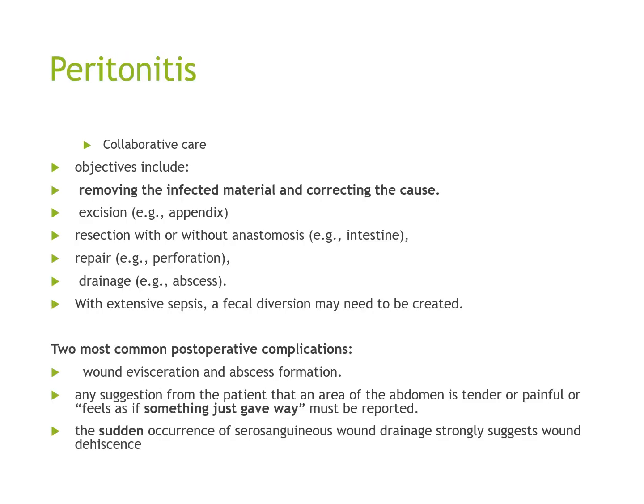All right, so key thing is you want to remove whatever the infected material is, and you want to correct the cause. So you want to find out, okay, what caused the peritonitis, and then we fix that, and hopefully we will be able to resolve the peritonitis. So if it was an appendix that happened, then maybe excision might be the way to go.